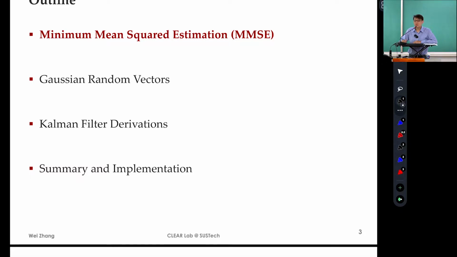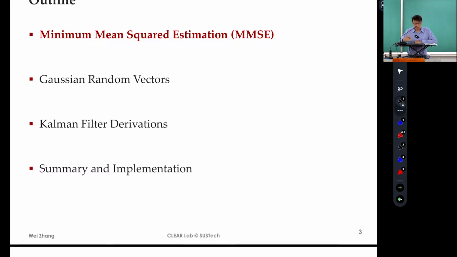Did you learn Gaussian random vectors or random variables in the machine learning class? This is the first part of such a thing. Maybe many of you haven't taken a machine learning class. That's another core course you have to take.